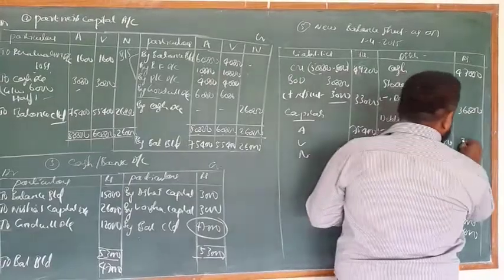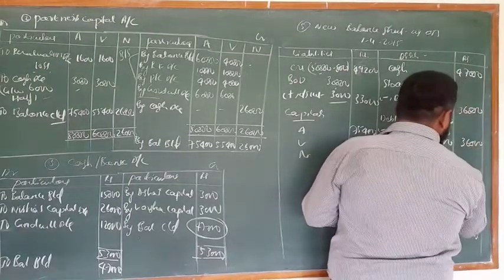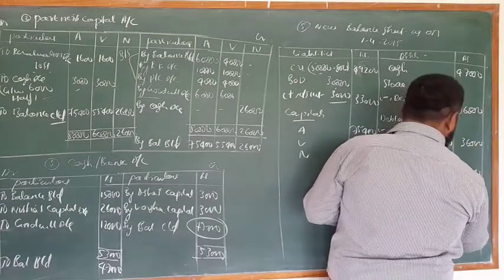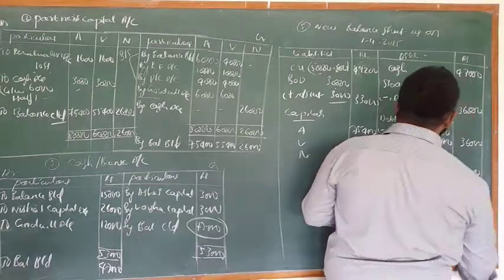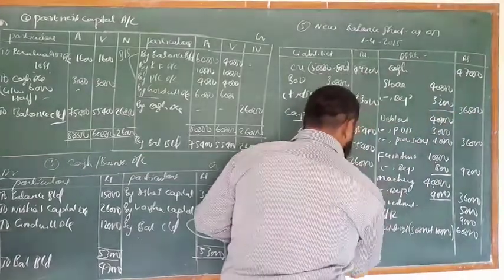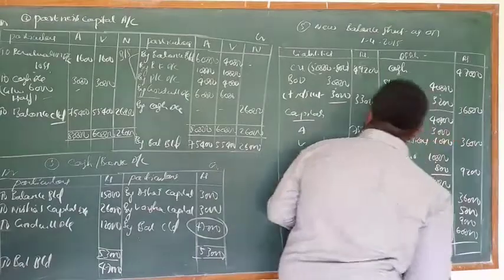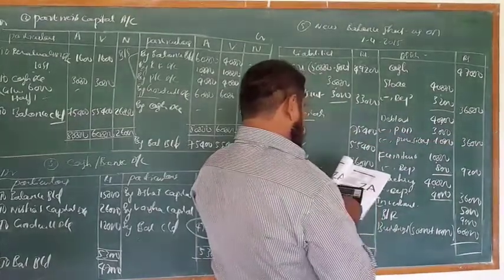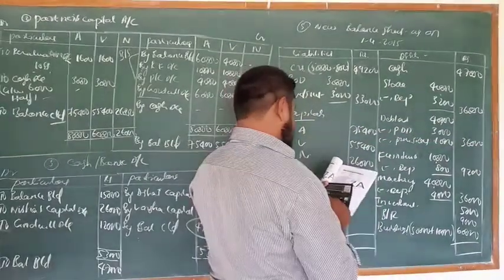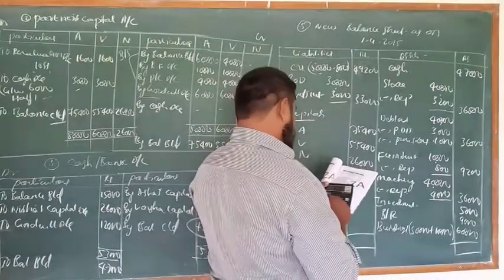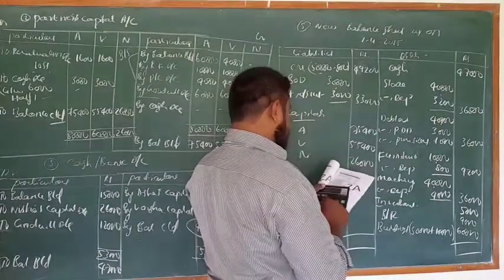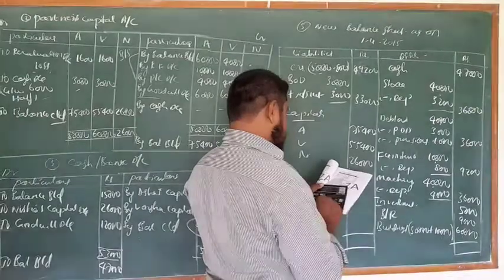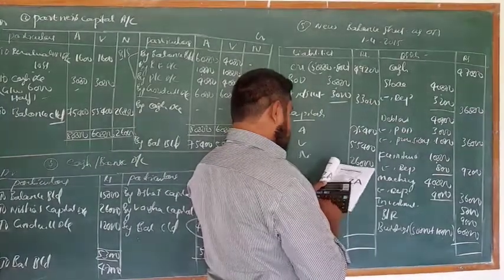Next 36,000, 9,200, 36,000. Now the final balance: 49,200, 33,300, 75,400.